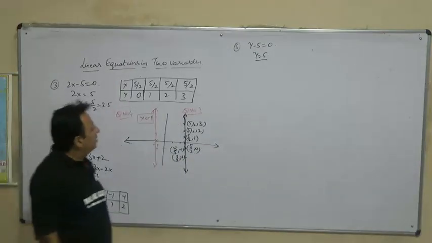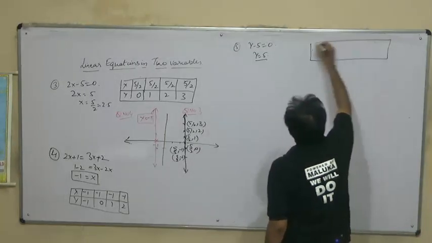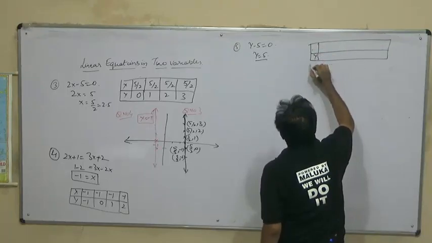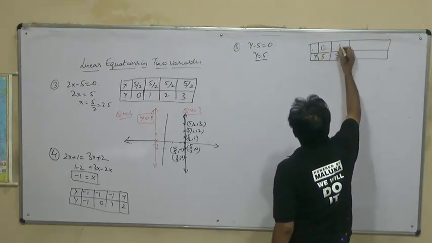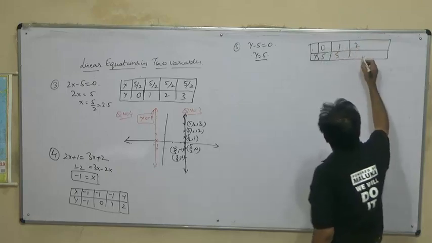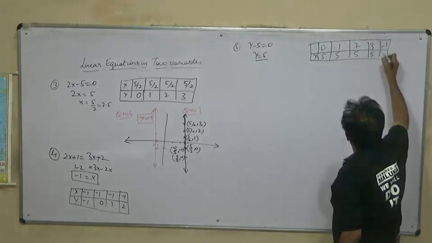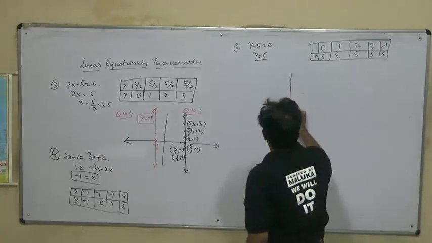So we generate a table for it, then we generate the graph for this. So this is the table where we see that value of y will remain 5 irrespective of values of x. X can take any value, y will remain 5, it may be minus 1, 5. If you want to generate the graph, it will be like this.